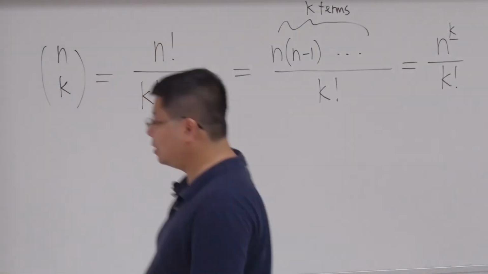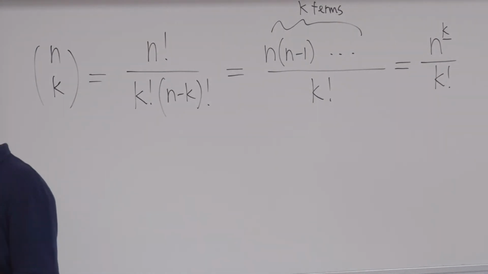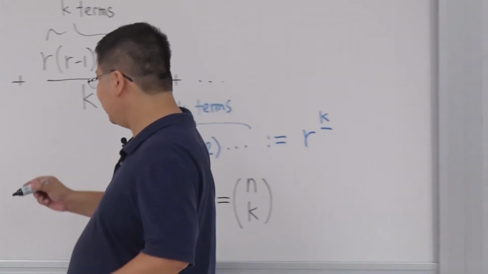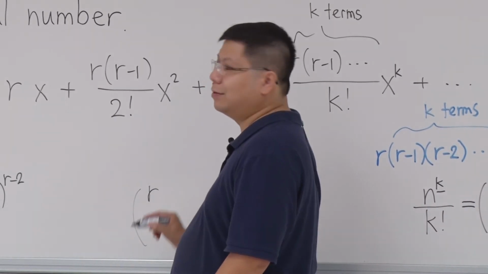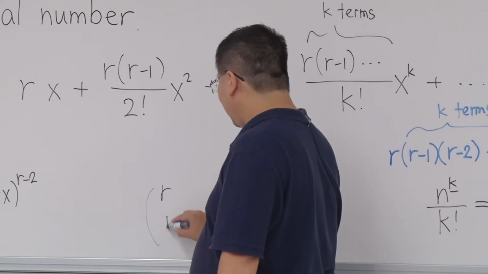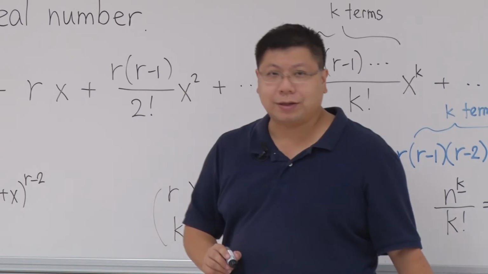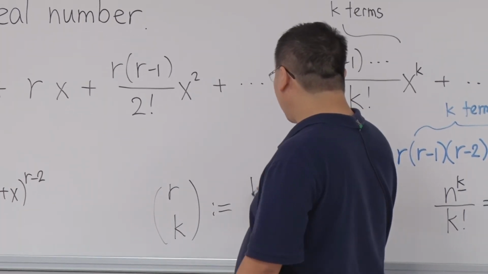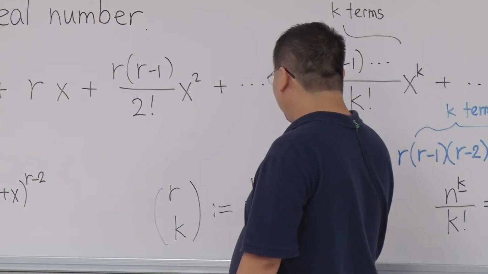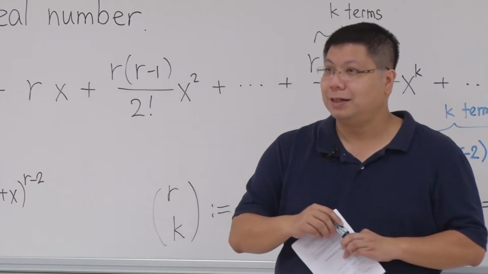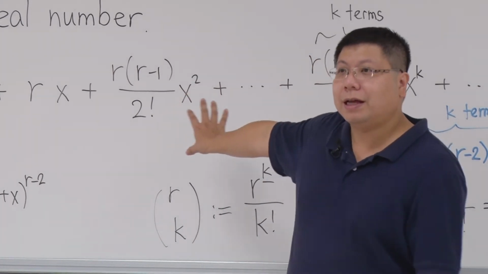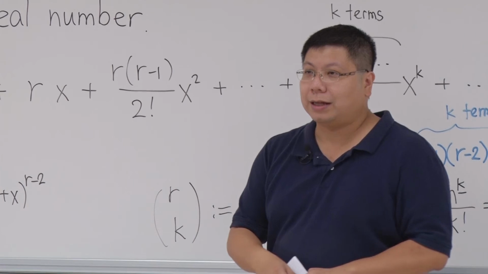Okay, so if it is like this, let us generalize this not only for n, but we can define a notation for any r, real number, and then we define something called r choose k to be equal to r to the power k falling divided by k factorial. Is that okay? Now, if we define something like this, then we have a very nice way of writing the generalized binomial theorem.